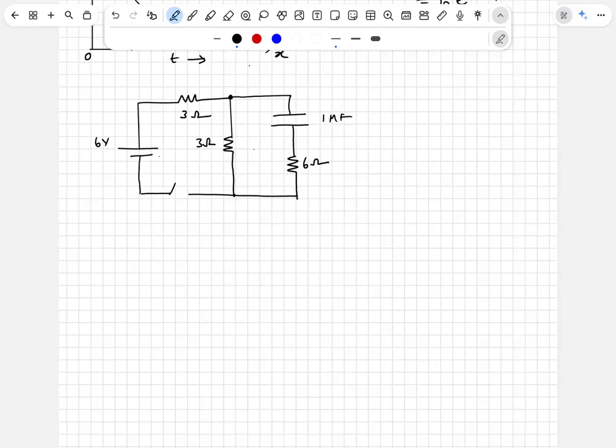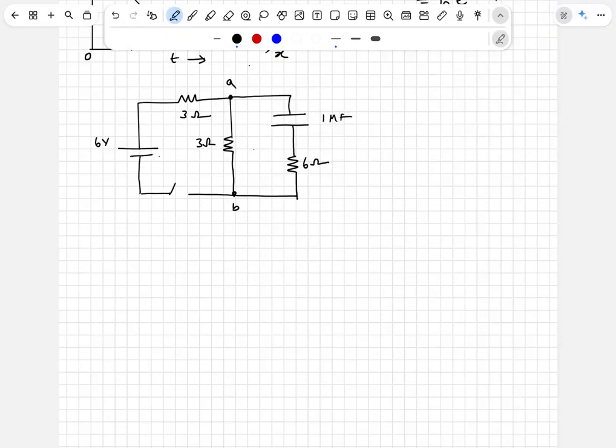Let us label points A, B. Remember, this is not your regular RC circuit. Normally, what you will do is apply Kirchhoff's laws and finally arrive at the charge and the current through the capacitor.